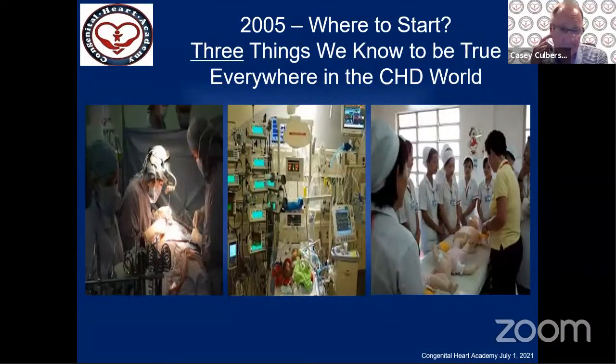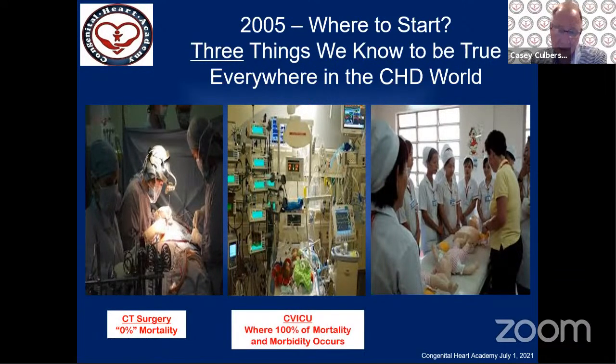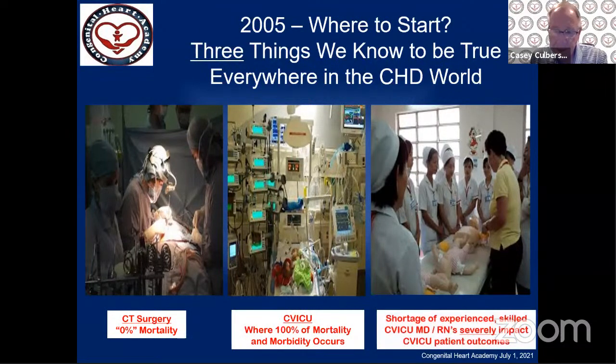So I decided the best place to start was taking the three things I know to be true everywhere in the congenital heart disease world. That was one, nobody dies in the operating room. Essentially 100% of the mortality and morbidity occurs in the CVICU, and the shortage of experienced and skilled nurses and doctors severely impacts the CVICU patient outcomes.